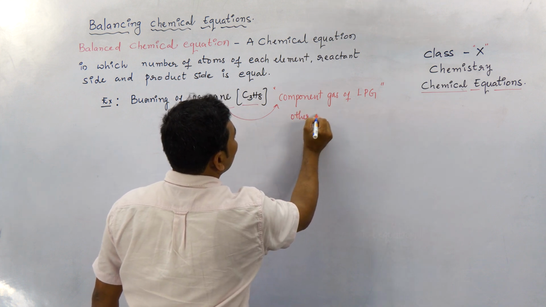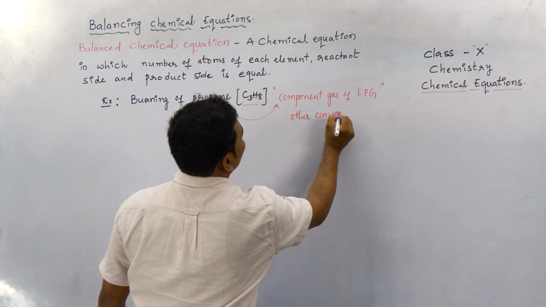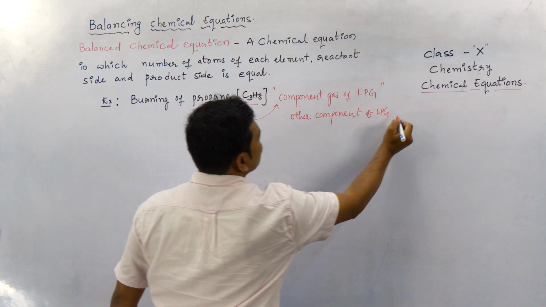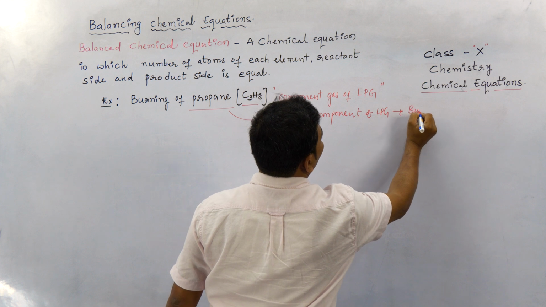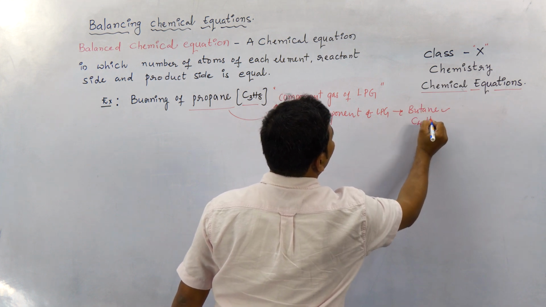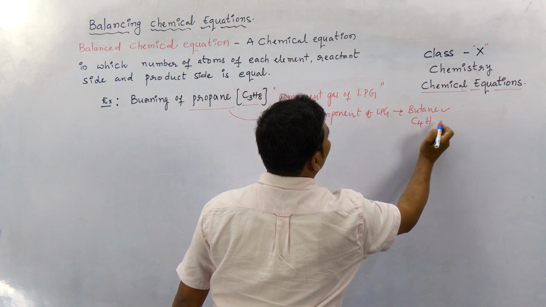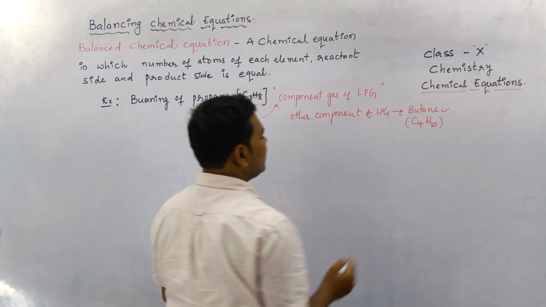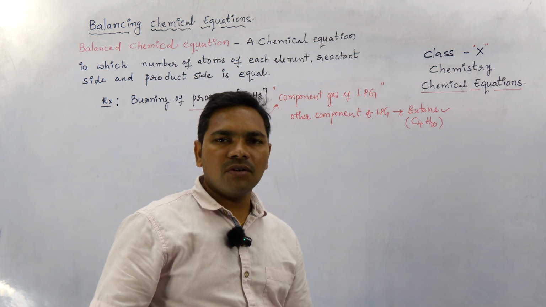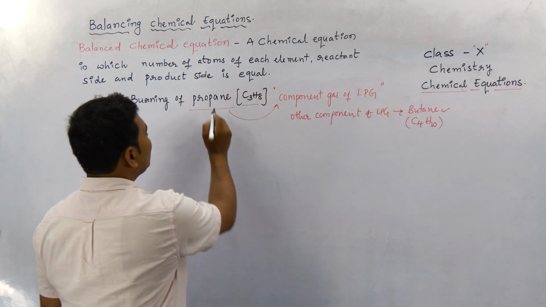So let me write another component of LPG: butane, which is written C4H10. This is another component. So for us, let us focus on one of the components of LPG, that is propane.